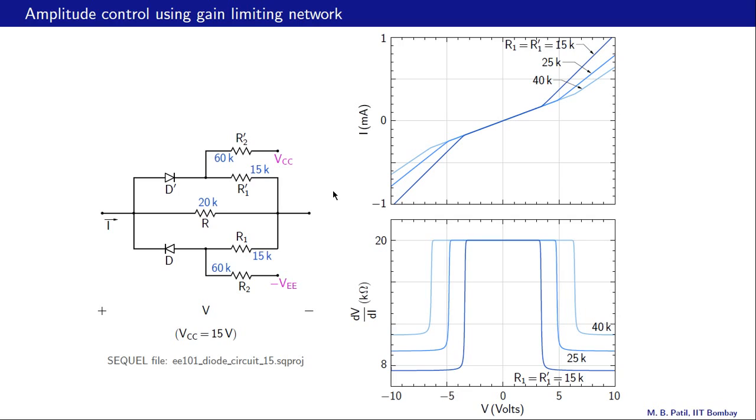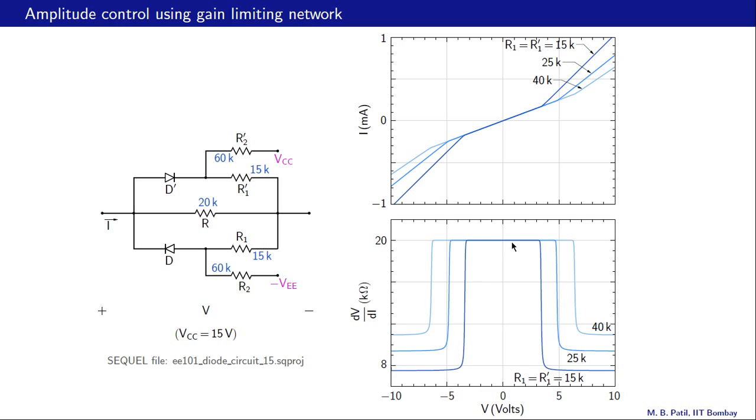Here is the gain limiting network that we used in the phase shift oscillator. The values are a little different, but that's not very important. And if you recall, we have seen this circuit earlier with these values 60K, 15K and 20K, and in that situation we had obtained I versus V given by this dark curve here, and dV di, where V is this voltage and I is this current, was given by this curve here.